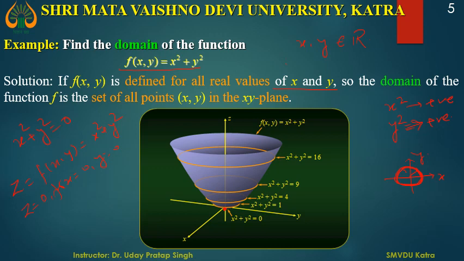This type of representation is known as a paraboloid. We are going to discuss these types of paraboloid, ellipsoid, hyperboloid in the second semester. Not in detail, I am just giving you an overview of functions of two or more than two variables.